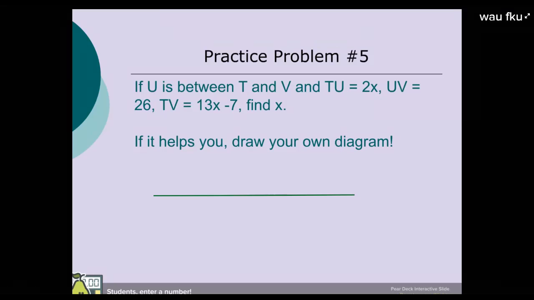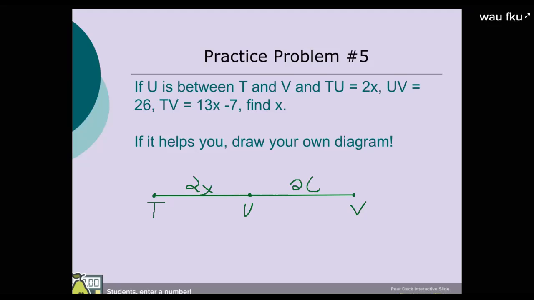All right, if I was going to draw my diagram, I put my 3 points, because I'm dealing with 3 points. If U is between T and V, so I have a T, and U is in the middle, and V. And TU equals 2x, and UV equals 26.